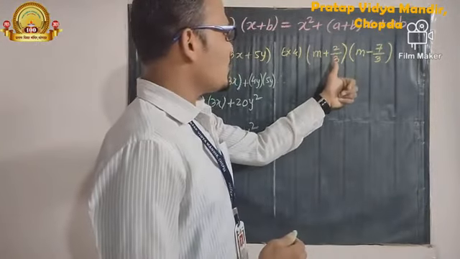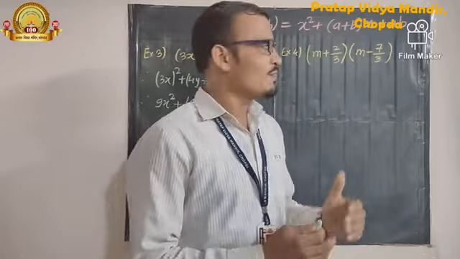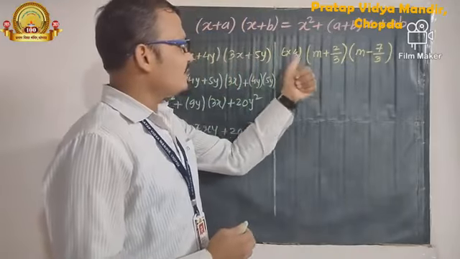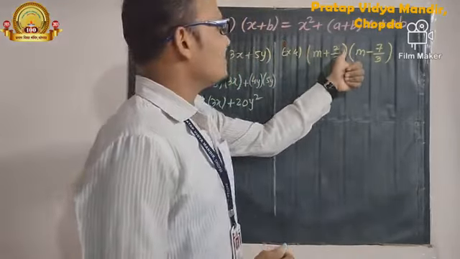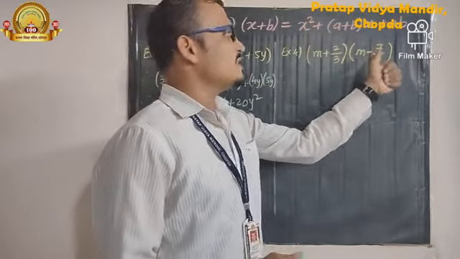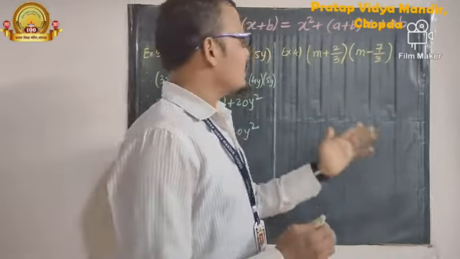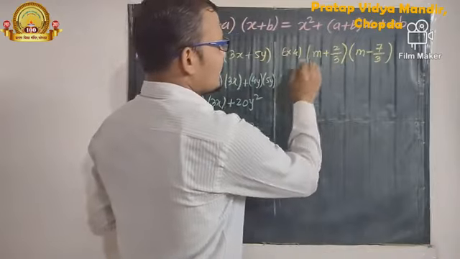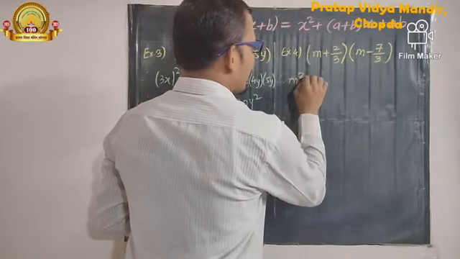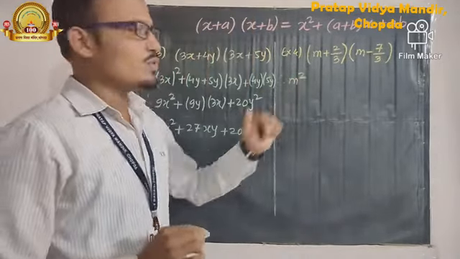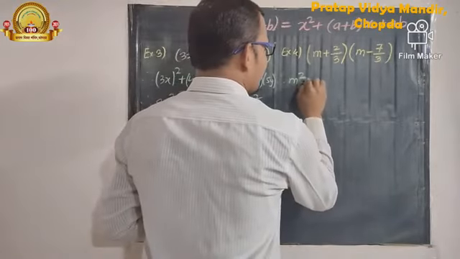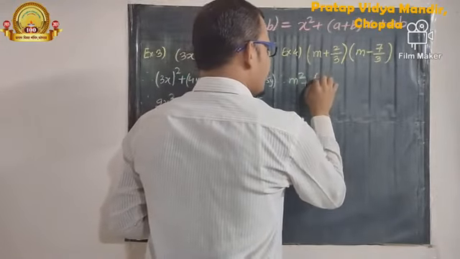Example is m plus 2 upon 3 into m minus 7 upon 3. Friends, here also x is replaced by m, A is replaced by 2 upon 3 and B is replaced by minus 7 upon 3. So let us apply this formula. So first we get here m square as x is replaced by m. So we take here m square plus a plus b.